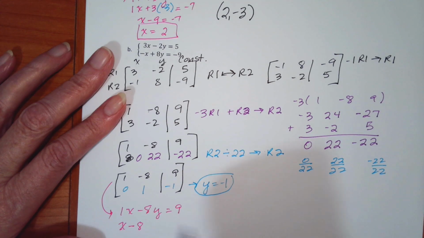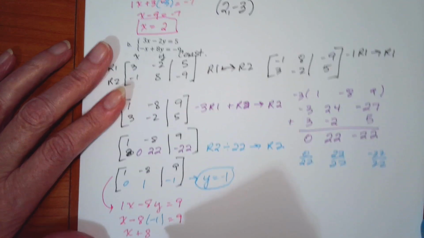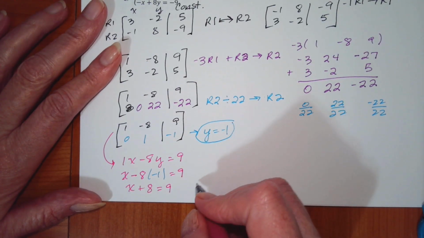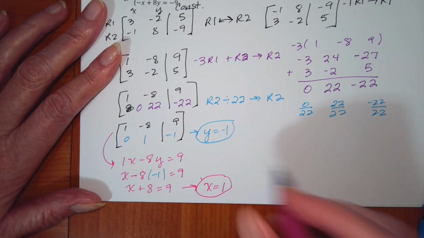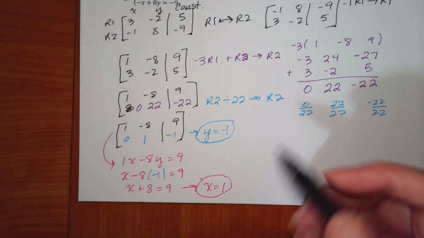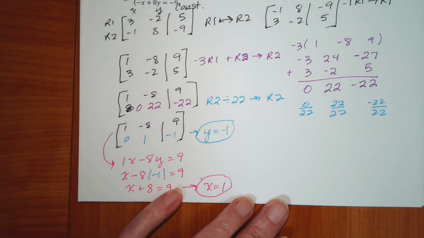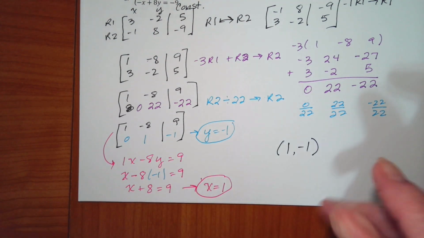So x minus 8 times -1 is equal to 9. So that gives me x plus 8 equals 9. So that tells me that x equals 1. So written as an ordered pair, this becomes (1, -1).